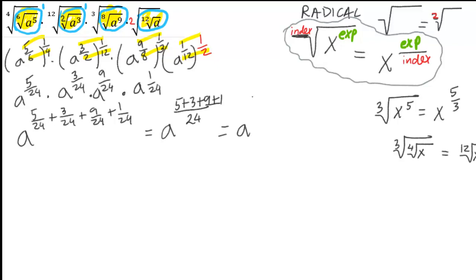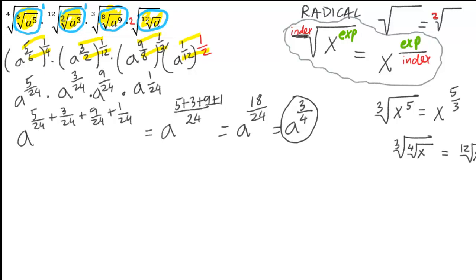So it's a to the power of 18 over 24. We could simplify that. We could divide by 6. 18 divided by 6 is 3, 24 divided by 6 is 4. So we get a to the 3/4.